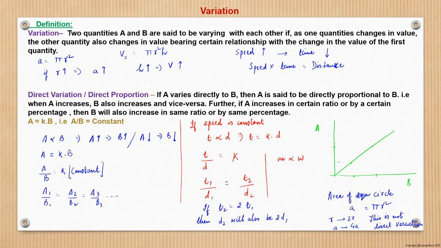So these things should be noted. Basically, any two variables will be directly proportional only if they are in a single index of power. If the powers are varying, then it will never be a case of direct proportion. It will be a different thing.